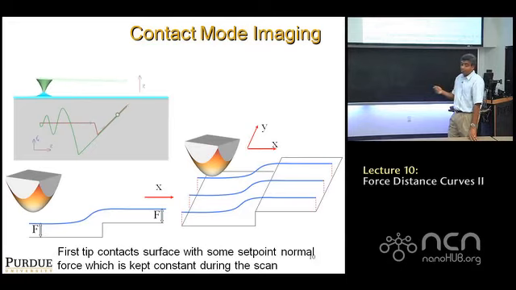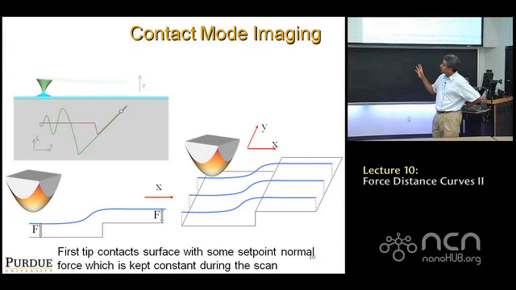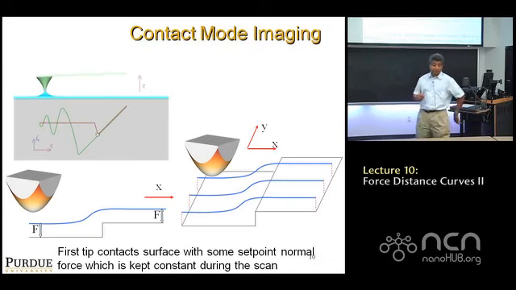Another thing you might do by mistake is choose a set point that corresponds to the tip still being inside the liquid layer that sits on top of your sample and not physically touching the sample, in which case you might be imaging the surface of the liquid film that sits on top of the solid. So when you do contact mode imaging, keep in mind that you have to understand the FZ, FD, the surface physics, and then choose the appropriate forces so you understand what image you're getting.